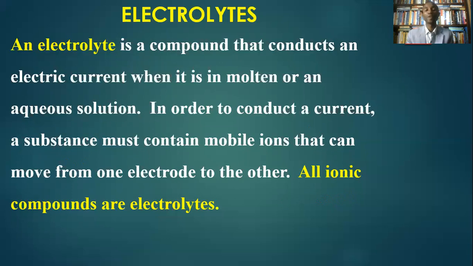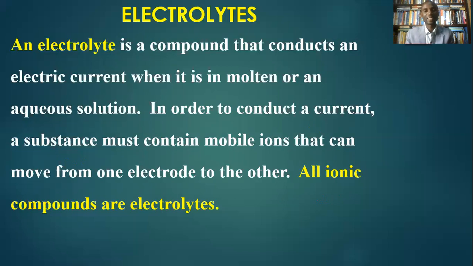That means in order to conduct that electric current, such a substance must break into moving ions, mobile ions that allow the electrodes to attract them. The cathode will be attracted to the positively charged, while the anode will attract the negatively charged particles.